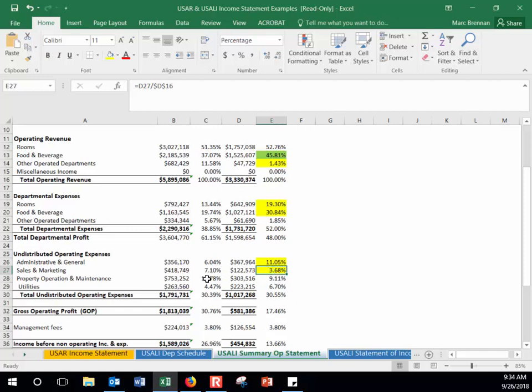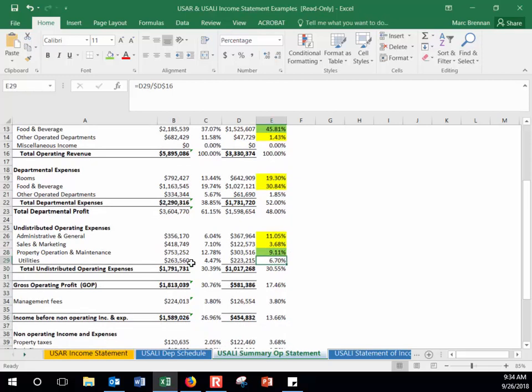Property operation and maintenance, I'd be happy with this right here because compared to total revenue, I used to spend 12% or 13% of total revenue on operation. Now I'm only spending 9%. This is a great thing. And then utilities, this is something that you can control as much as you possibly can.